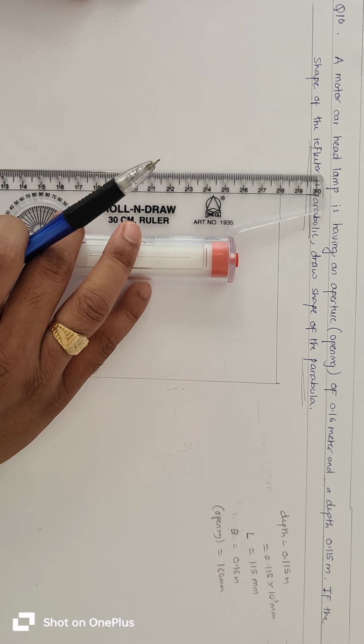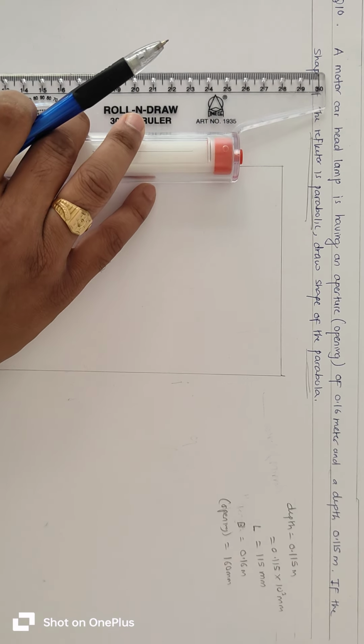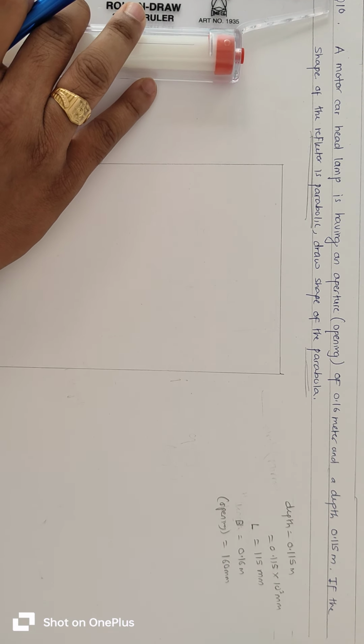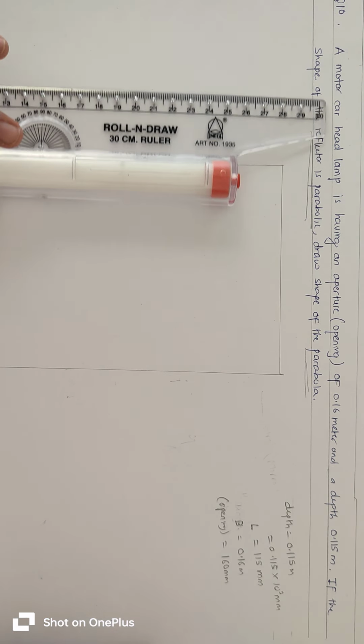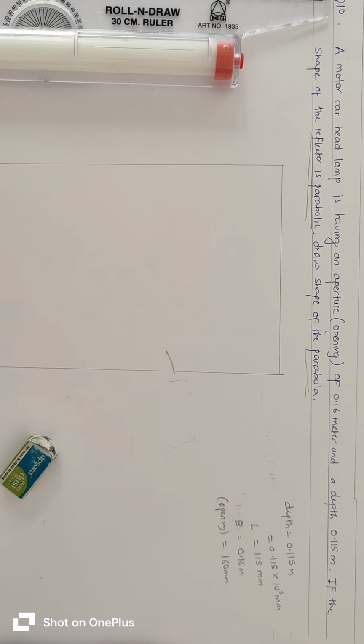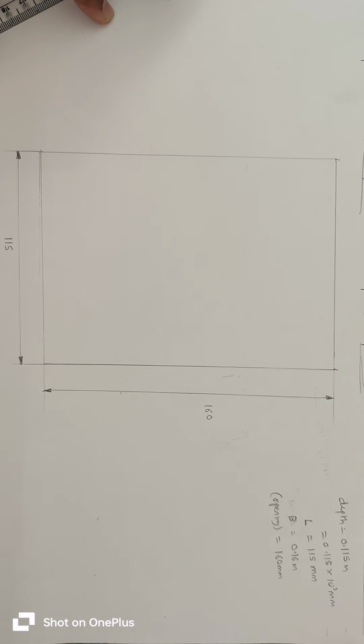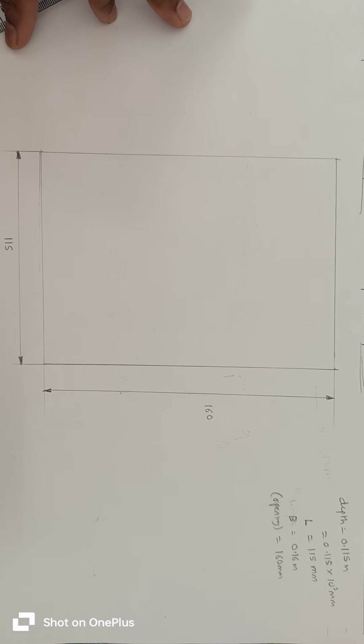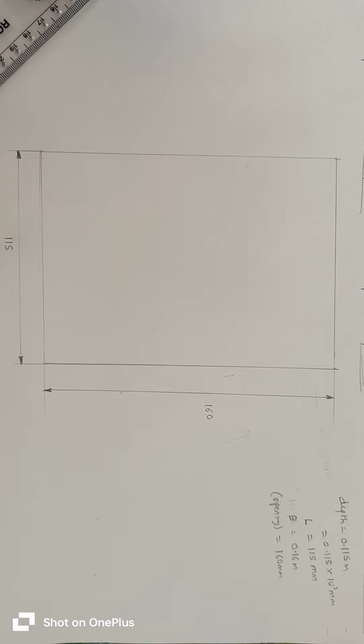Make sure that the vertical line is parallel to the vertical dimension and the horizontal line is parallel to the horizontal dimension. So this is a rectangle of 160 by 115 mm.